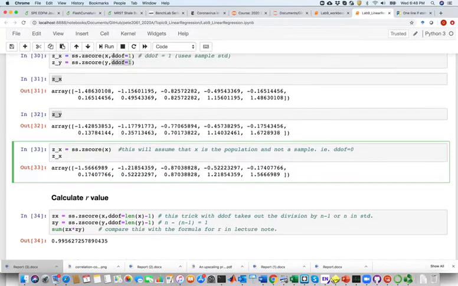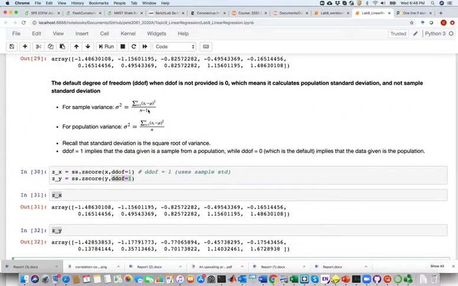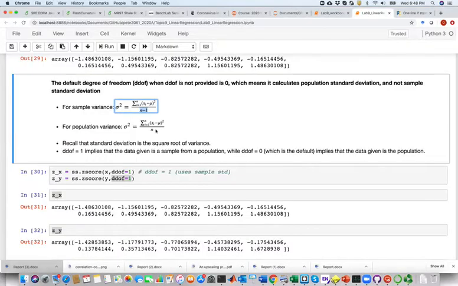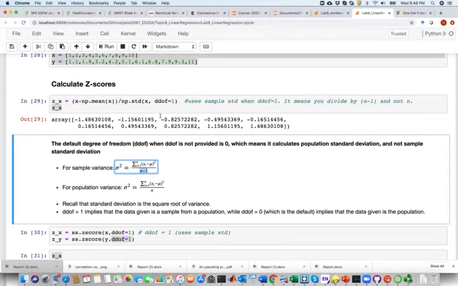What we want is to divide by 1 instead of n minus 1. That way, in this equation, you wouldn't need n minus 1 if your n minus 1 is already set up to give you 1, and that's exactly what we're going to do. You already know it's going to divide by n minus 1 if degree of freedom is 1.